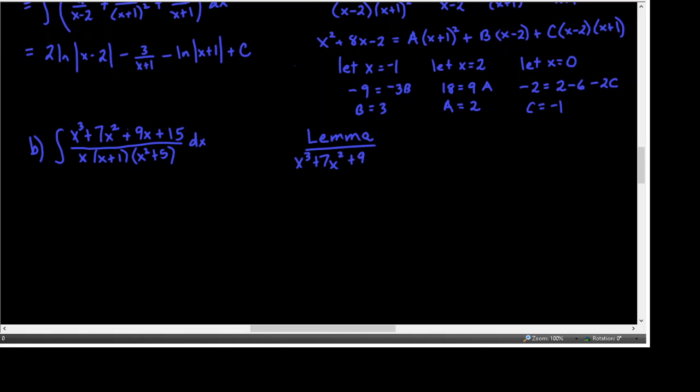So our numerator over our factored denominator will be a over x plus b over x plus 1 plus cx plus d over x squared plus 5.